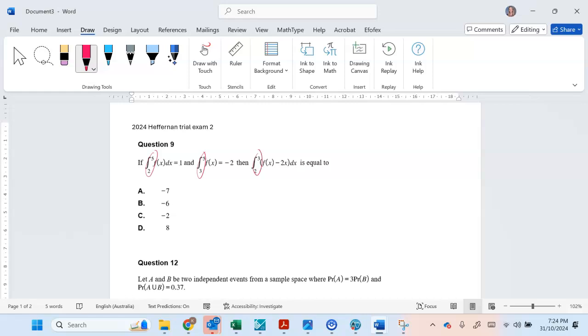So let's have a look at this in terms of a number line, might be a little bit easier. We're going from 2 to 5, and let's just put 3 and 4 in the middle.